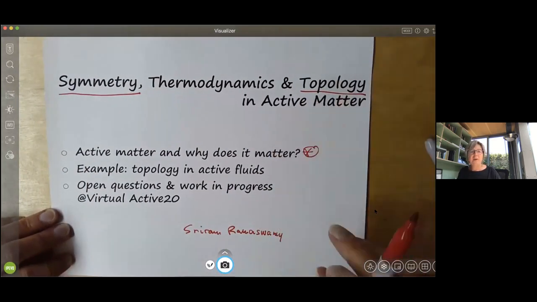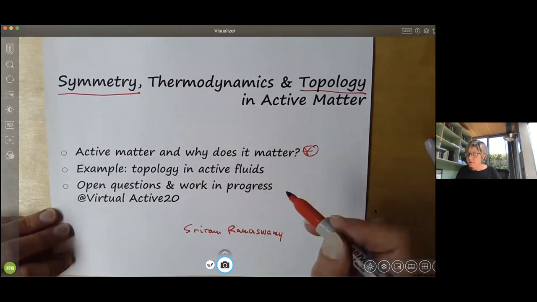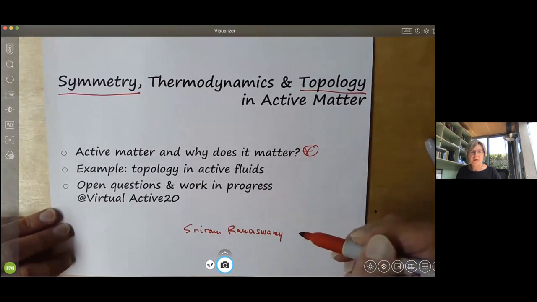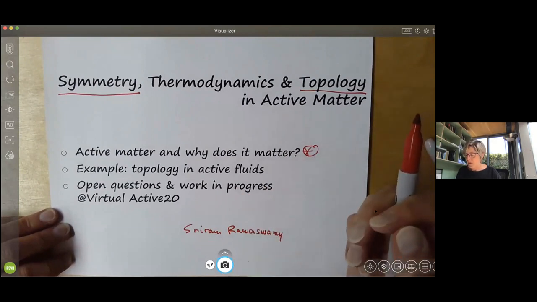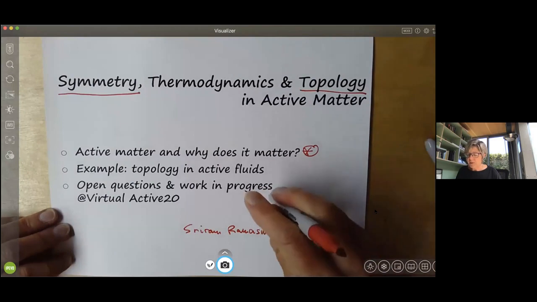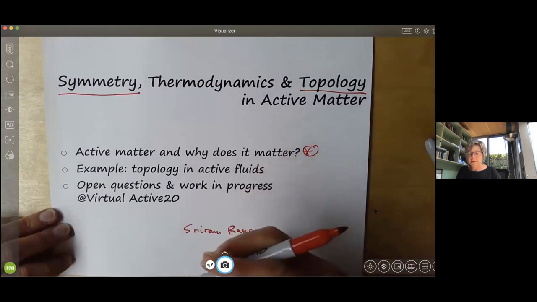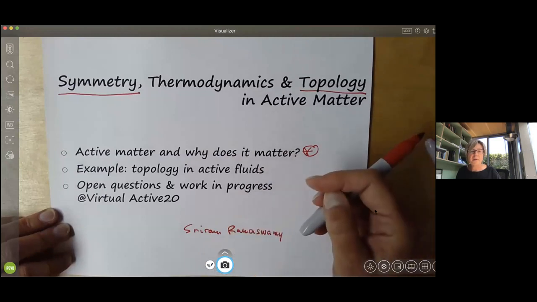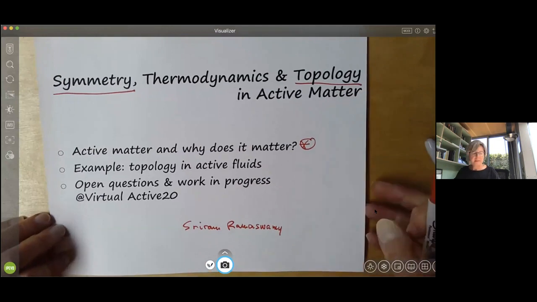I'll leave thermodynamics alone for now. I will illustrate that in the context of an example of an active fluid that generates its own flow. And then I will conclude by very quickly mentioning some of the questions that the virtual Active 20, now in its 8th week, has been trying to address.